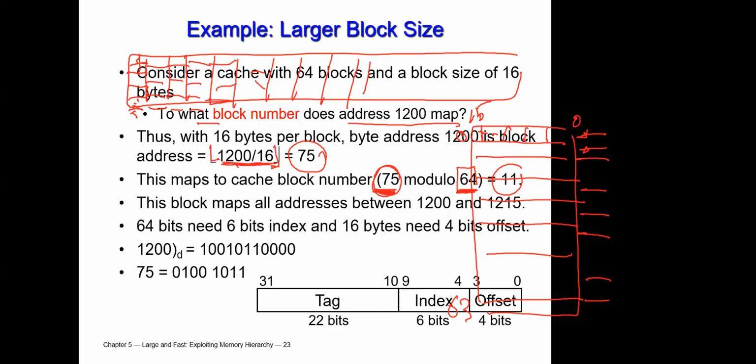Correct? So you have apartments, and each apartment, as an example, has 16 rooms, or 16 students. And I'm distributing the numbers to these students.